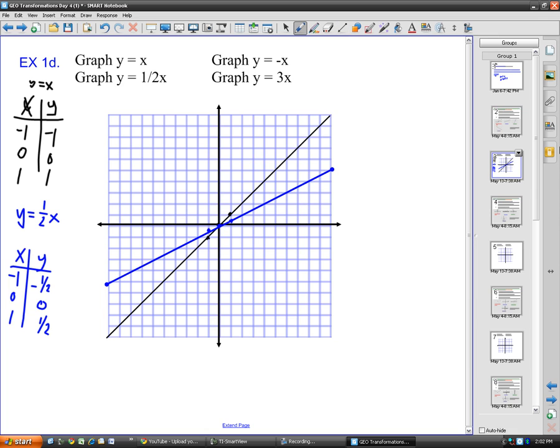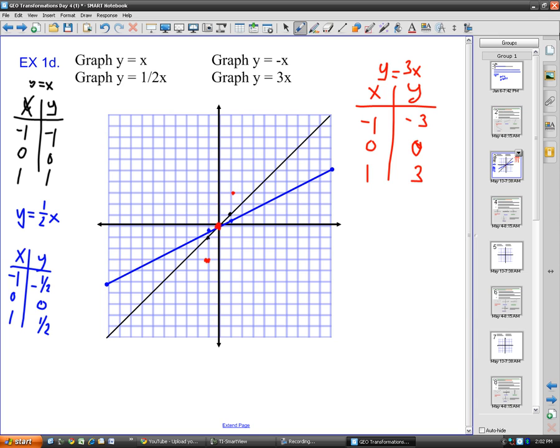Now, if I multiply it by 3, that was the next one they said, so we'll use that one next. Using y equals 3x, whatever I put in for x, I'm going to multiply it by 3. So I get -3, 0, and +3. So when I'm at -1, I'm down 3. At 0, I'm at 0, and at +1, I'm at +3.